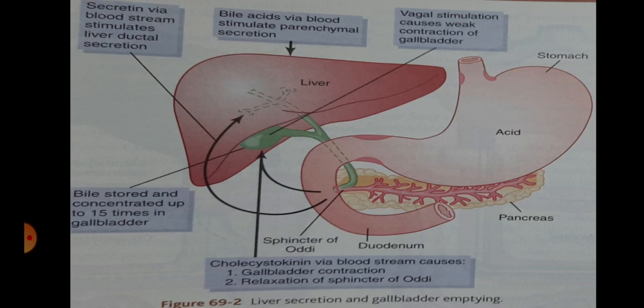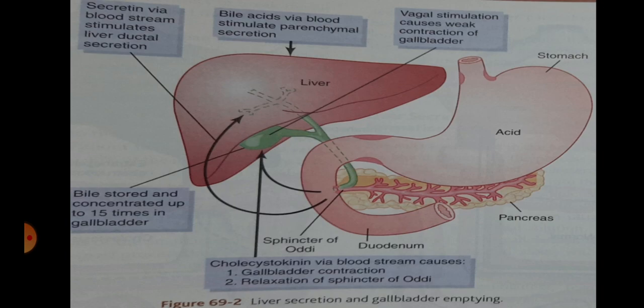Right, by far the most potent stimulus for causing the gallbladder contractions is the hormone cholecystokinin. You can see cholecystokinin causes the gallbladder contraction.